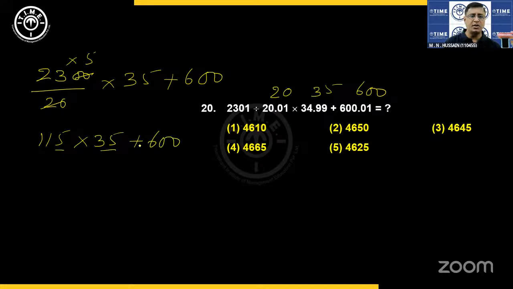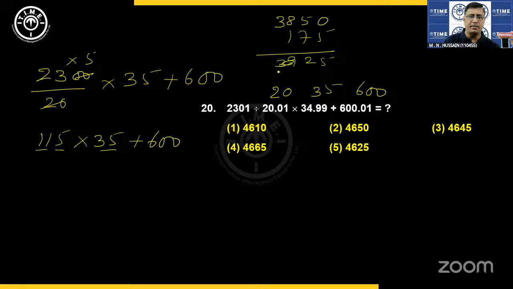5 times of 35, that is 175. 11 into 35 means 385. 385 means 3850. By adding these values, now it is 25. It is 30.